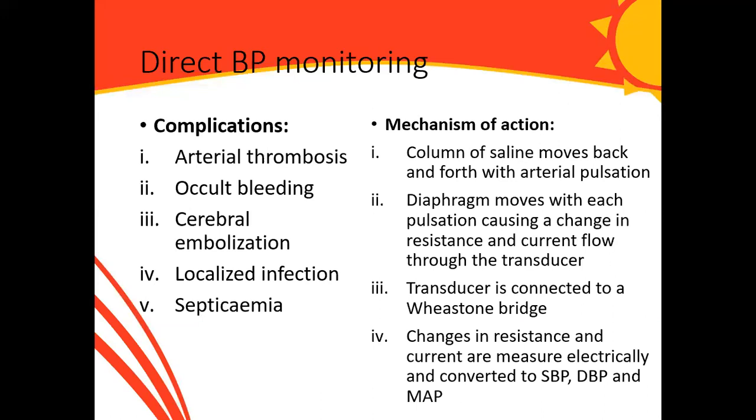Mechanism of action: the column of saline moves back and forth with arterial pulsation, and the diaphragm moves with each pulsation, which causes a change in resistance and current flow through the transducer. This change in resistance and current flow is measured through the Wheatstone bridge, if you remember physics, where it calculates the resistance and the current, and you're able to get the current flow from the changes in resistance 1, resistance 2.